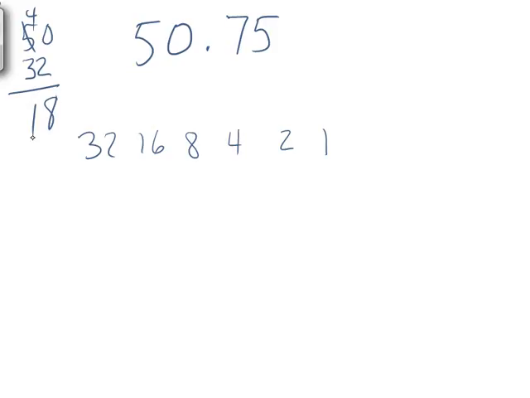I have 18 left, right? So I can subtract the 16, and I have 2 left. I already knew this was an even number, so I knew I wasn't going to have any 1. All right, so my number is 110010 for the 50.